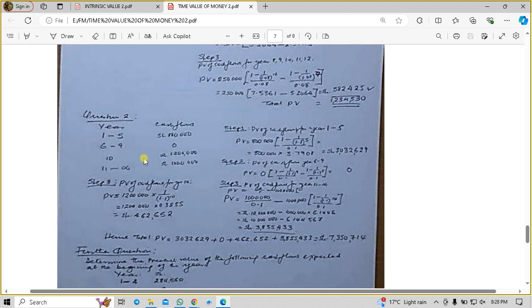Year 10. So for year 10, we are going to say 1.2 million times 1 over 1 plus 10% to power 10. So we will have this. And for year 11 to infinity, you can use the method that I've shown you.